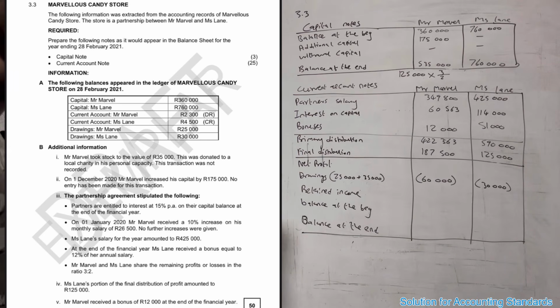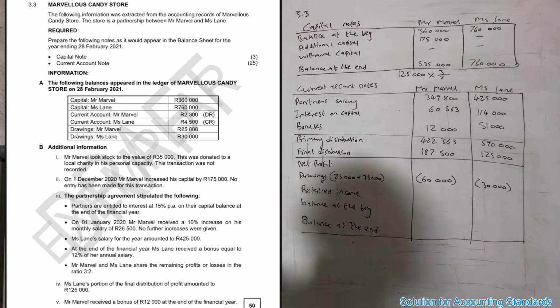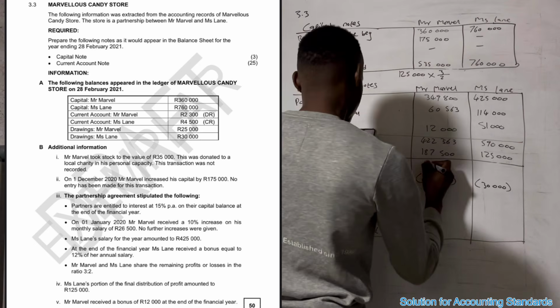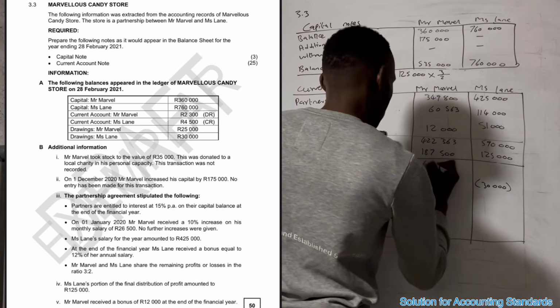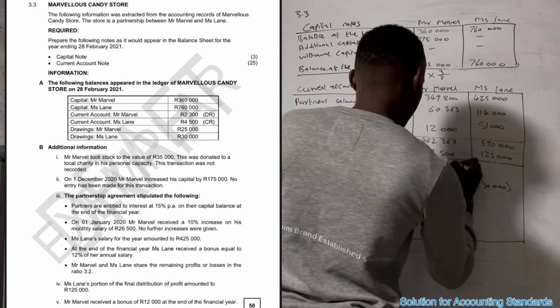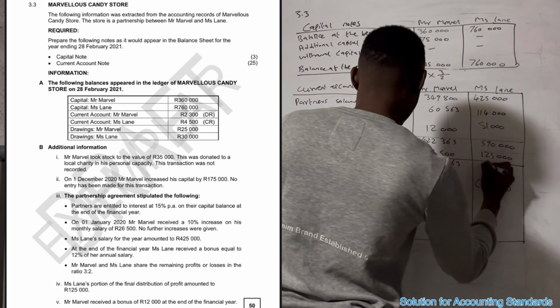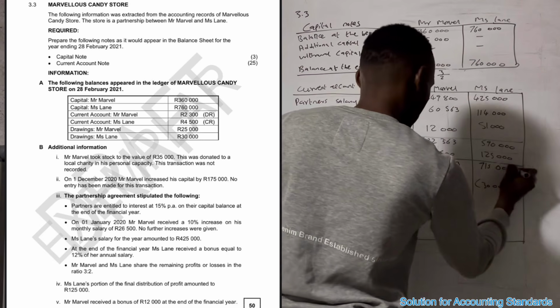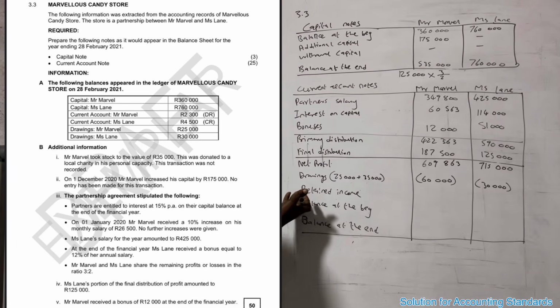Now we have to get a net profit for the year. You just add these two, you add these two. This side is going to give you 609,863. This side you're going to get 715,000. Okay, retained income, guys.